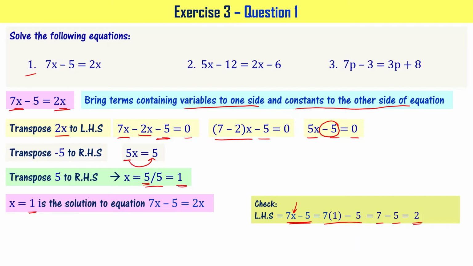Now let us find the value of RHS. RHS is 2x. It means it is 2 times 1, that is equal to 2. Look at this. The value of RHS is equal to the value of LHS. That's why we say that x equal to 1 is the solution to the given equation and the solution is verified, right?